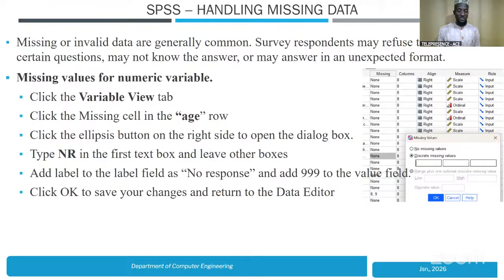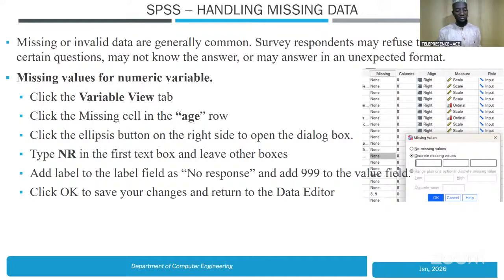When you do this, you now go under the value box. You add that one to the value. The list of values that you have under that particular field that is missing, you had NR there. So when you do that, click on OK. You now go back to the data view. In the areas that are missing, once you double click it, you will see NR, which will be taken as the value that represents the missing value.